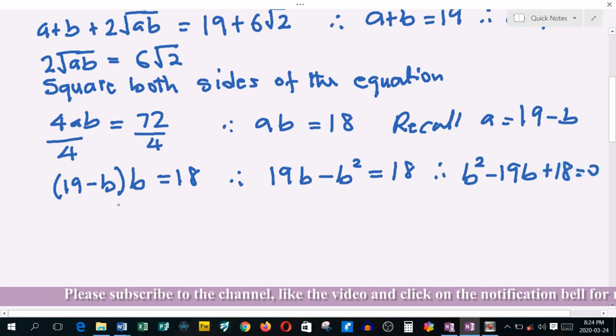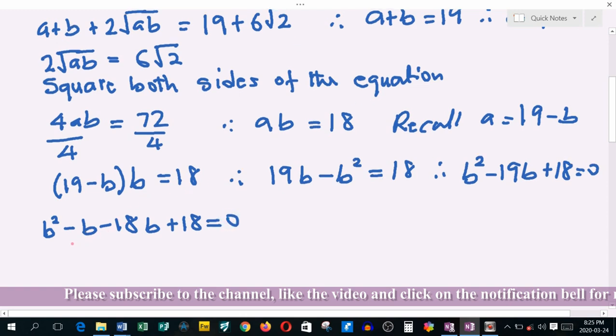So this has formed a quadratic equation. So we have to solve this by factorization. We look for the factors of 18b squared. When we add them, we get minus 19b. So we have b squared minus b minus 18b plus 18 is equal to 0.